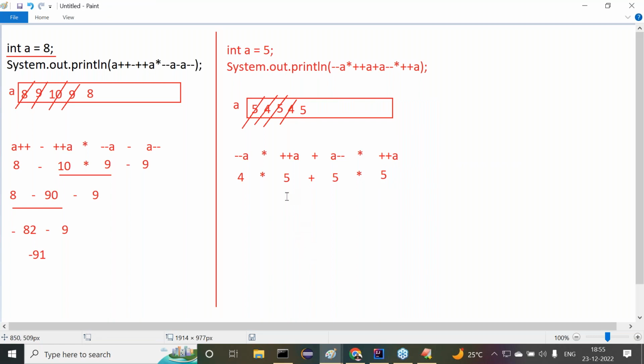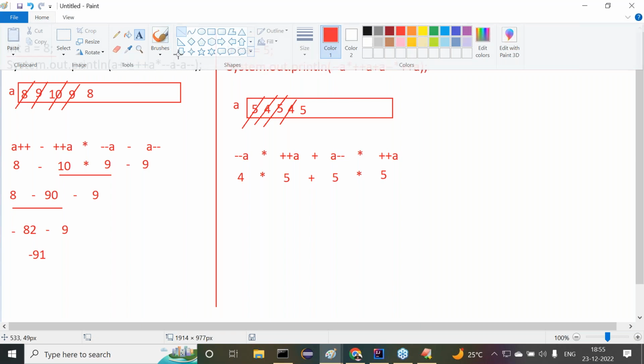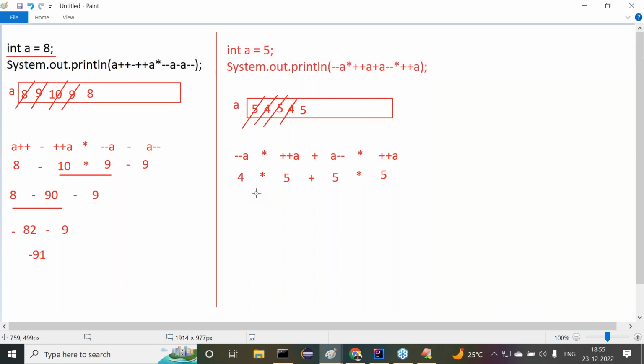Right, so now this is the basic awareness we can understand. Now understand this clearly. Here two star operators are available and one plus operator. When compared with star and plus, the star operator gets more priority and must be evaluated first. Here we get 4 star 5, 5 star 5.